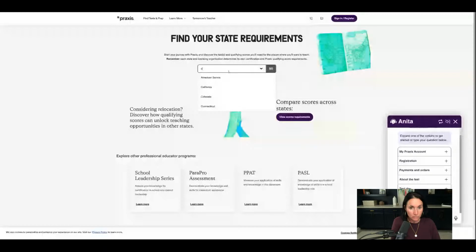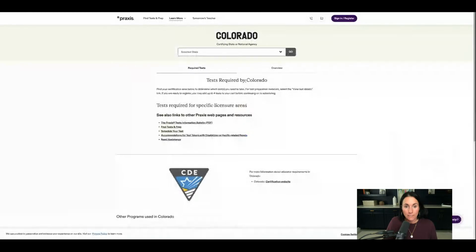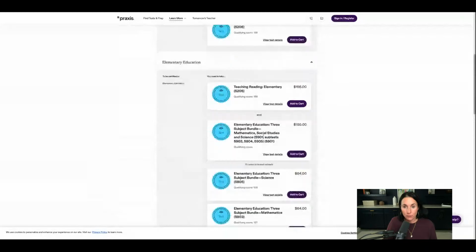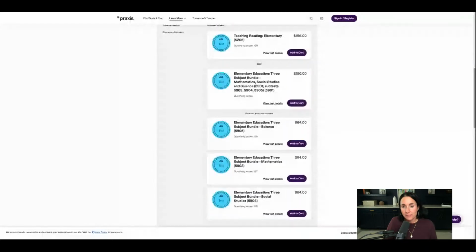State requirements. Here we go. So go to Colorado. Click it here, go. Here are all the steps. Early childhood, elementary ed. You have to take the teaching reading, so you're in the right place. They do the bundle. This is basically the 5001 without the reading. I wonder if they're going to let you. That's crazy.